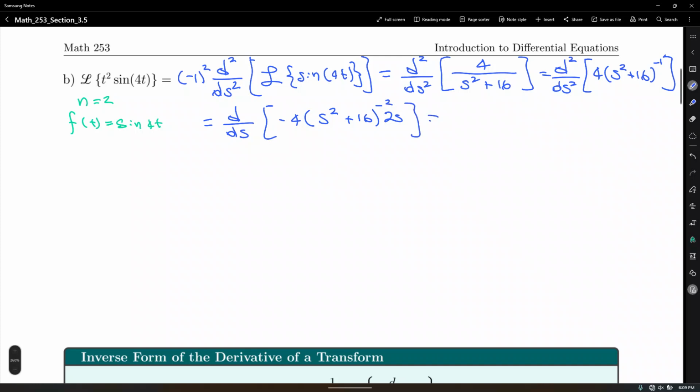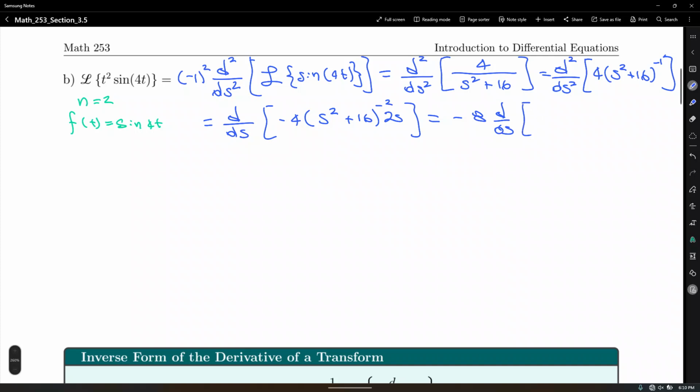Well, let me rewrite this again in a nicer way. Let me take the negative outside. So 4 times 2, which is 8, I'm going to take the negative 8 outside.